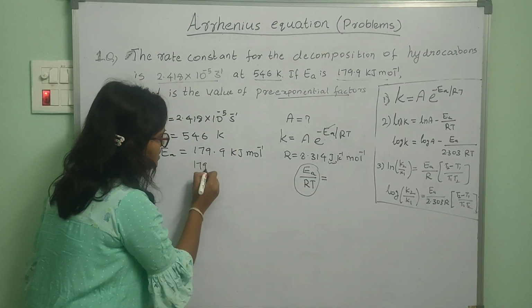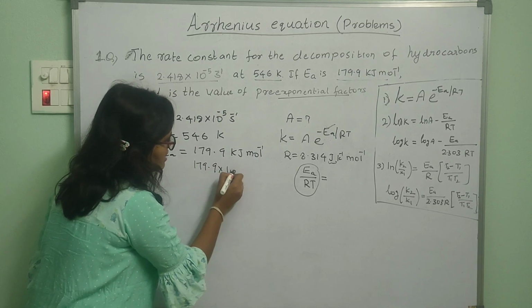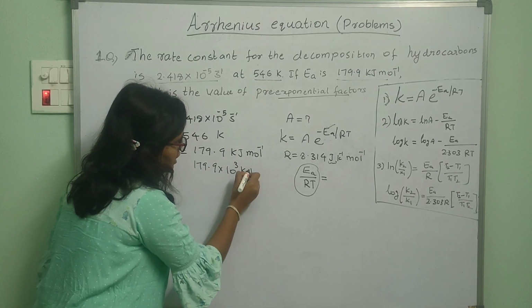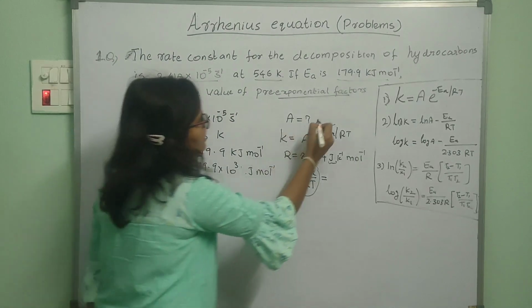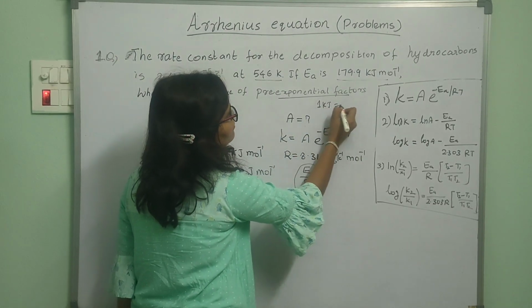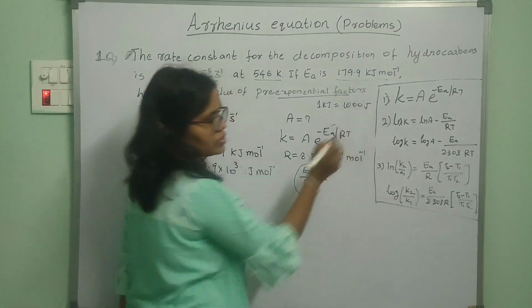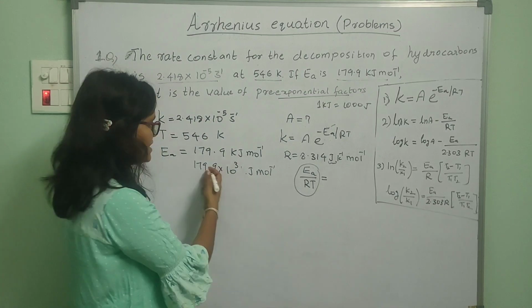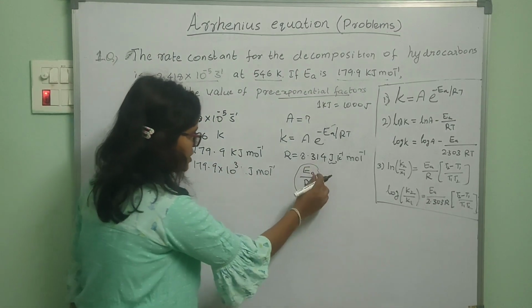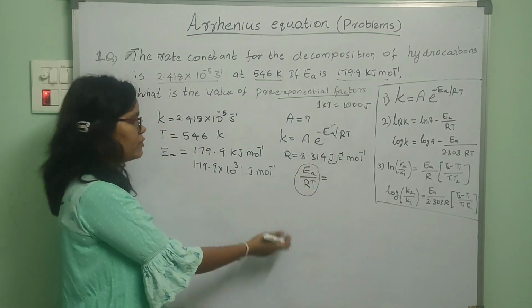So I will write the activation energy as 179.9 × 1000 joule mole inverse. We know that 1 kilojoule is equal to 1000 joules, right? So I am using that conversion here. Now we can easily solve for EA over RT.